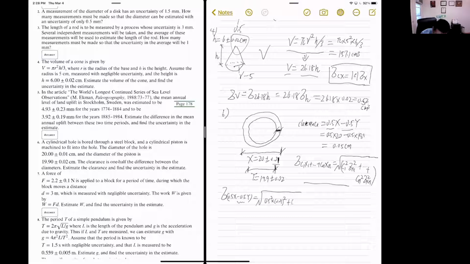Okay. So minus 0.5 squared. Sigma y is 0.02, 0.02 squared. Okay. And also pay attention, this is plus. Okay. So do not use minus. From there, we can calculate the sigma of the clearance.